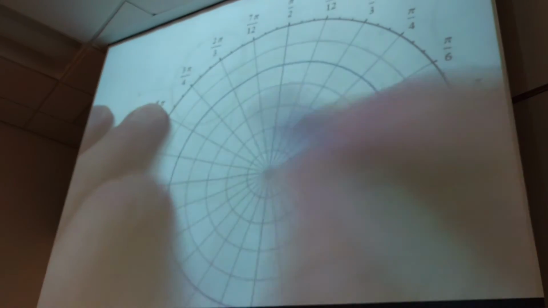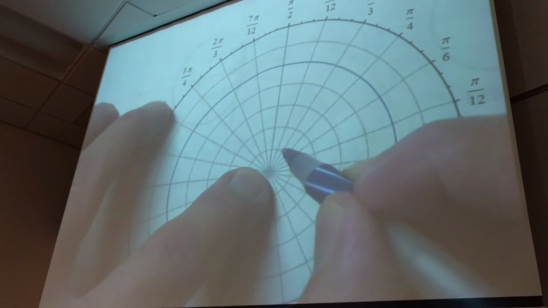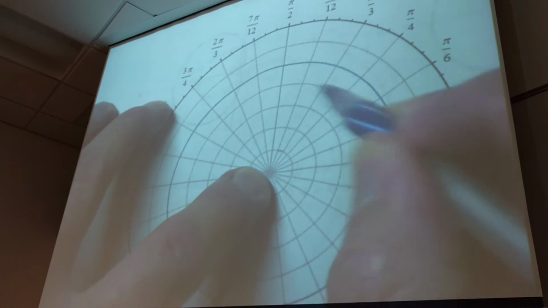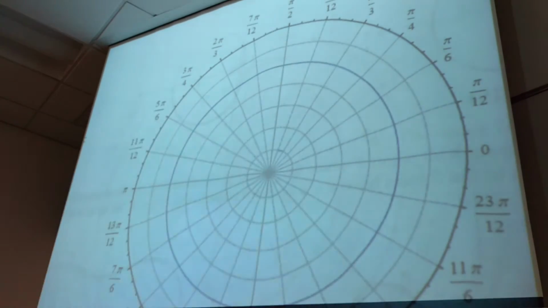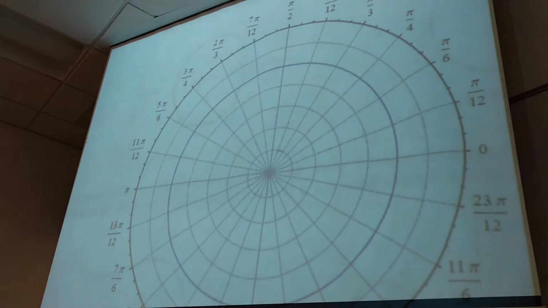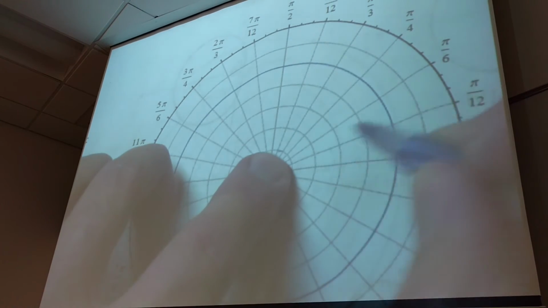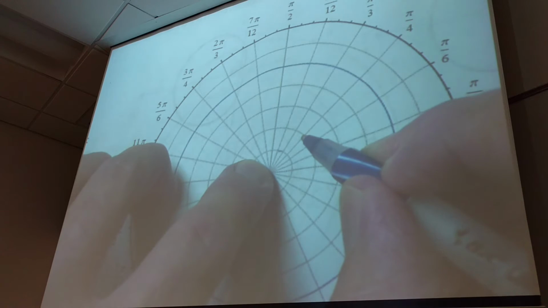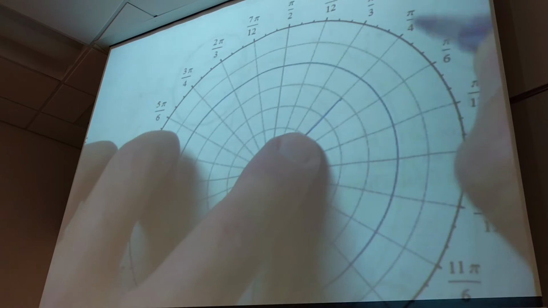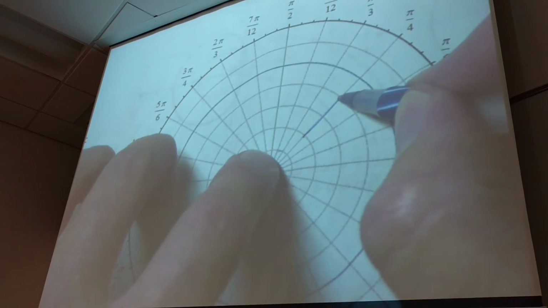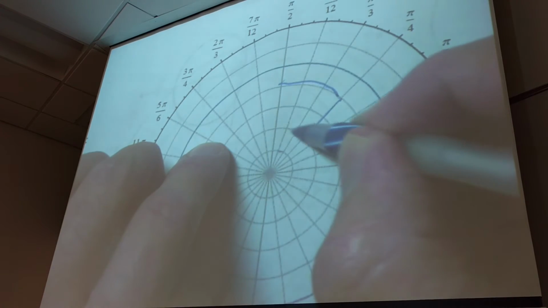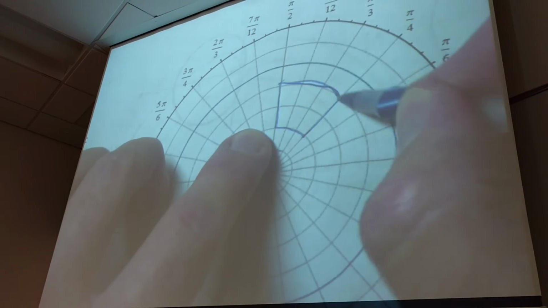You guys remember how to work with this? This is r equal to 1, 2, 3, 4, and I made the blue line 5, so it's easier to kind of count. So from r equal to 2 to r equal to 4, and theta goes from pi over 4 to pi over 2. So it's just going to be this guy.